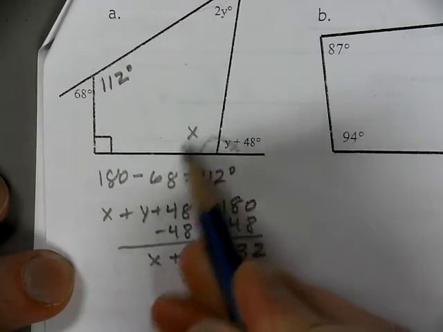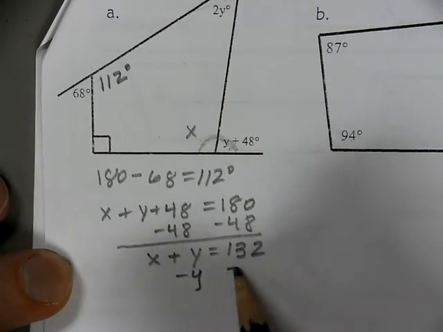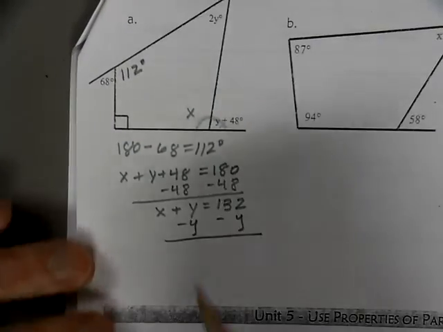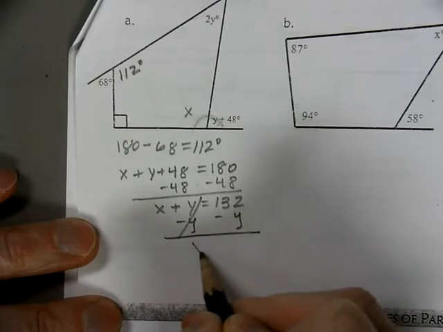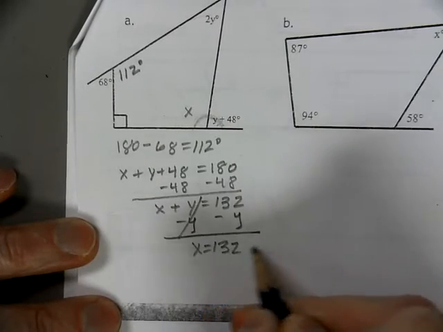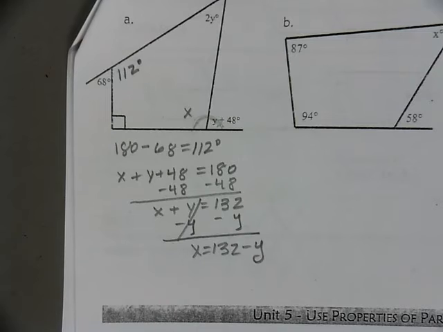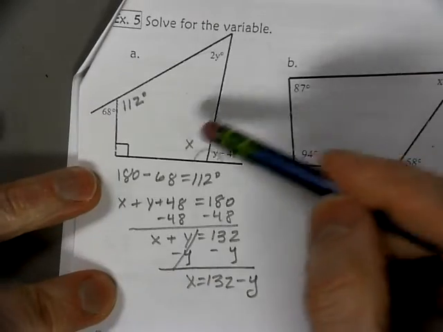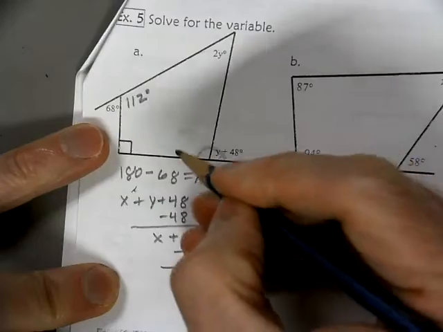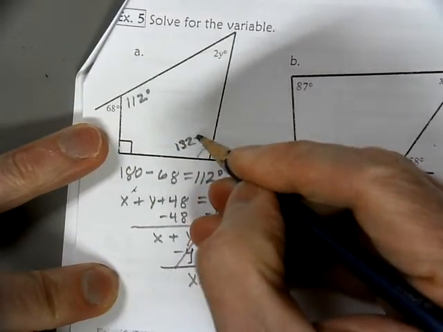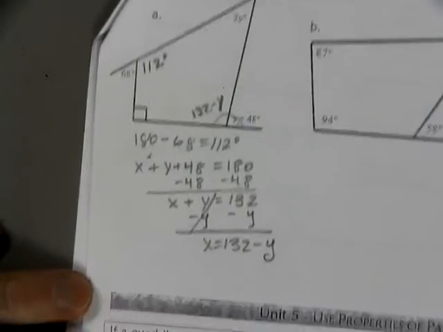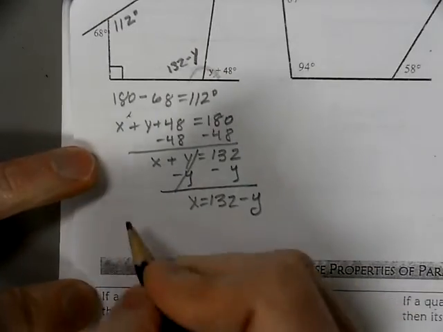And our x value, the amount that's on the inside, we need that by itself. So this crosses out, so we get x equals 132 minus y. So we want to keep it with the y term, not an x term. So we'll come up here and call this 132 minus y. That was probably a little tough. But if we're past that, now it's pretty simple.